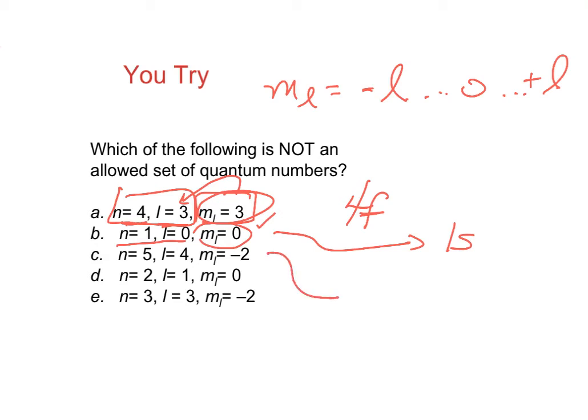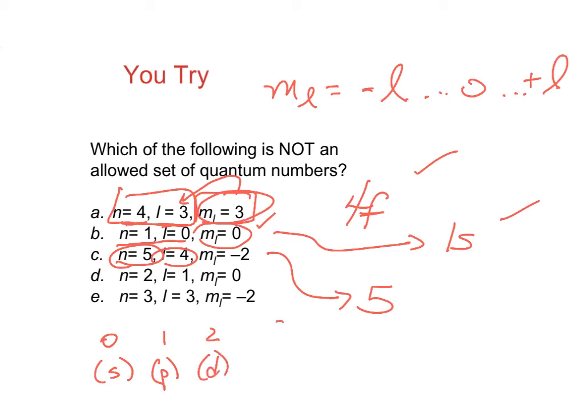Now C, n equals 5. So that's what the big number is first. We're starting to do electron configurations. I'm kind of prompting you to get ready to do them. And l equals 4 is talking about what type of orbital? Let's see. 0 is s, 1 is p, 2 is d, 3 is f, 4 is g.